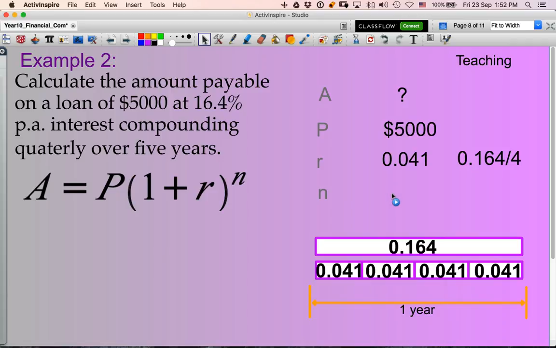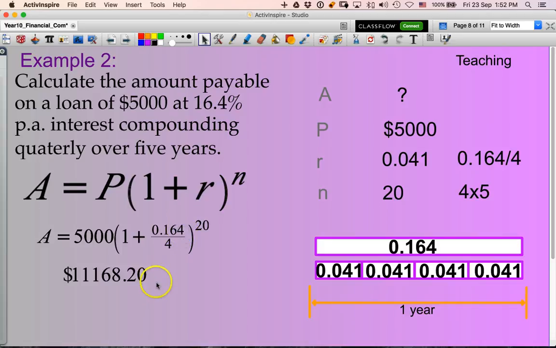Why 20? Well, there will be 4 interest calculations every year, and there are 5 years. So simply put that into your calculator and you come up with a number there. Nothing all that fancy. What you'll notice is I prefer to put this whole calculation in my calculator, because what I'm doing is eliminating any possible rounding issues.